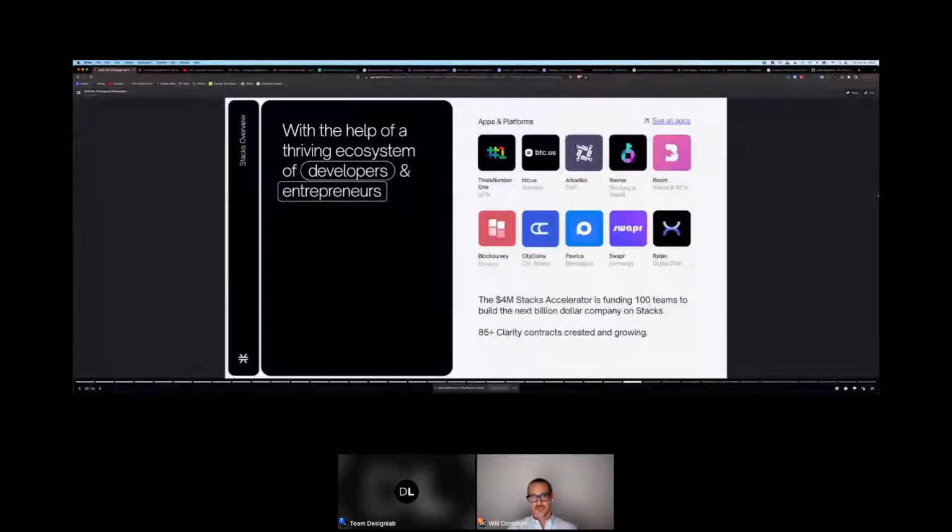I used to be an architect, like I said. So if you think about Bitcoin as the terra firma, the actual earth, then Stacks is like all of the infrastructure, the sewer system, the electrical lines, the transportation lines, things like that.